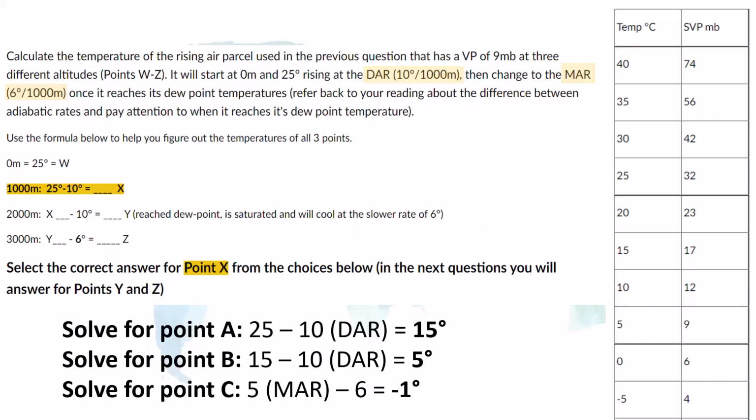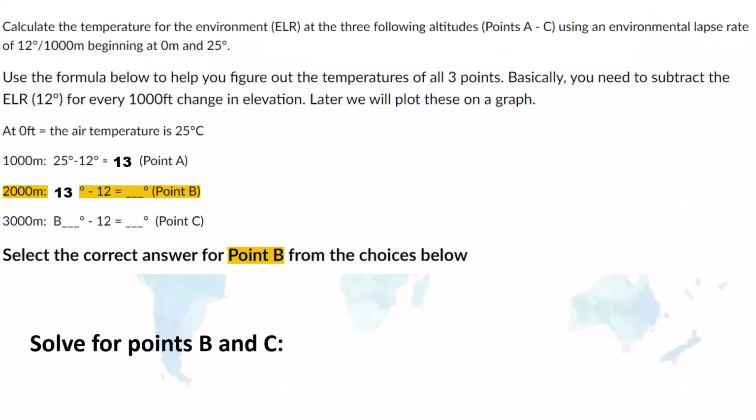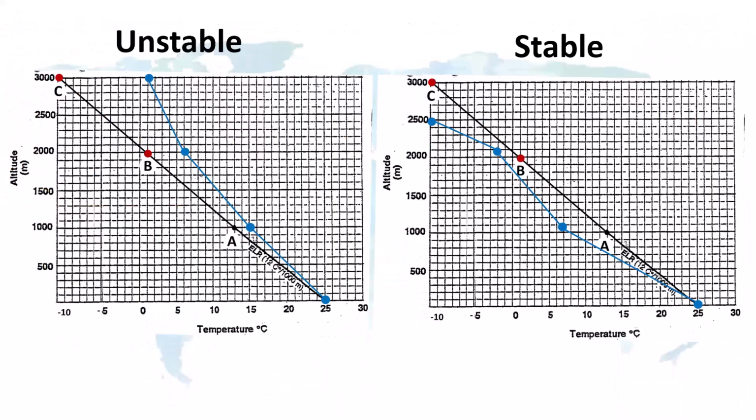So again, keep in mind understanding the difference between the dry adiabatic rate and the moist adiabatic rate, knowing that warm air is going to rise and cool air is going to sink. And when you look back at whether an air parcel is stable or unstable, you have to compare how it is cooling in comparison to the environmental rate.